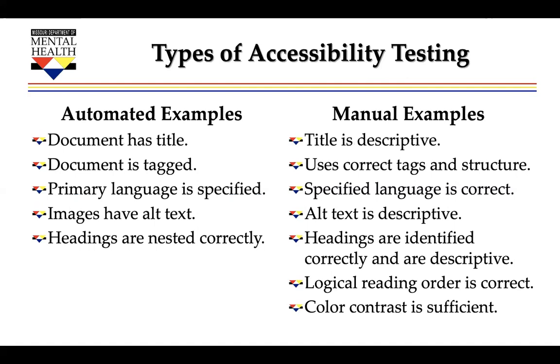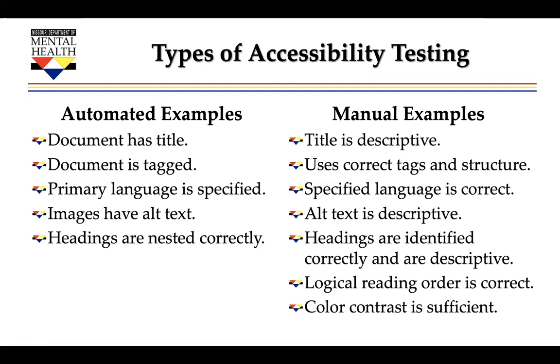Some examples of things that can be tested well using automation: whether the document has a title, whether the document is tagged or not, whether the primary language has been specified or that's missing, whether images have alt text or the alt text is missing, whether headings are nested correctly. If a heading level has been skipped, that can be identified by automated testing.